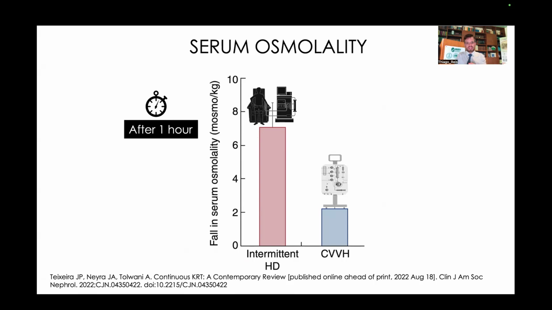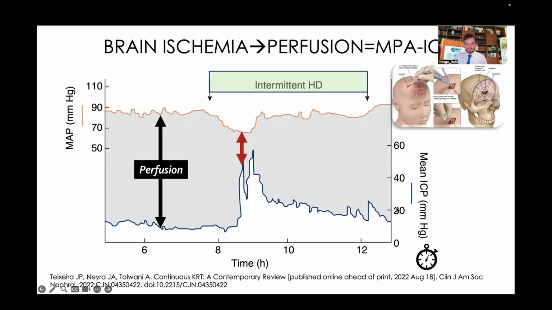Therefore, there is a tendency of fluid to move from the intravascular space towards the interstitial space, which is hyperosmolar. So this might be one reason. Whereas in CRRT, this reduction in osmolality is only 2 mOsm/kg.